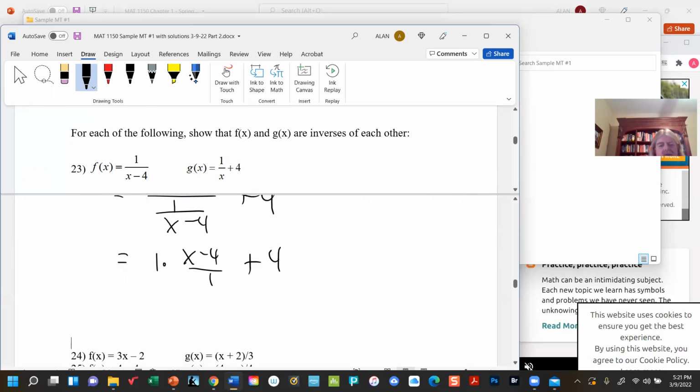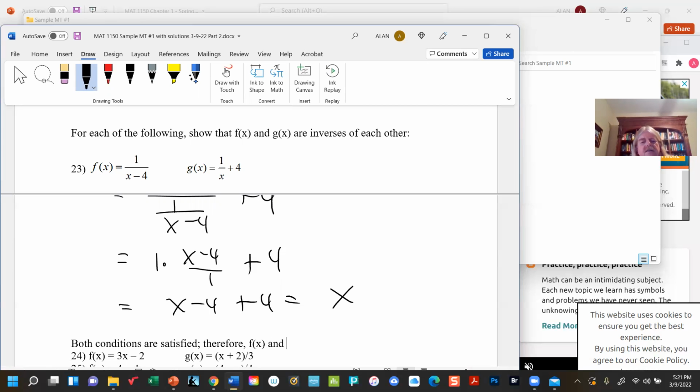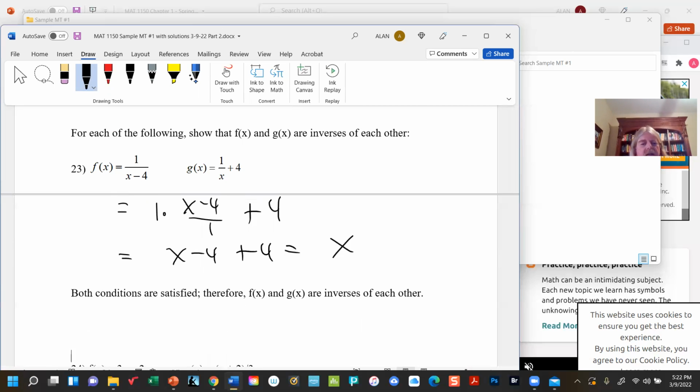And that in turn just equals x minus 4 plus 4 equals x. Okay, so both conditions are satisfied. Therefore, f of x and g of x are inverses of each other.